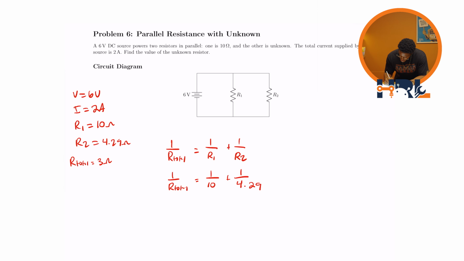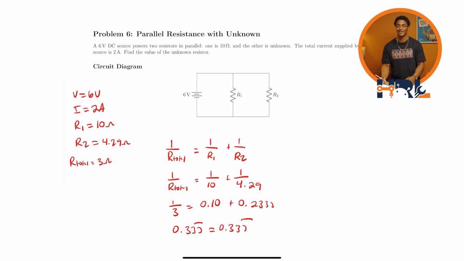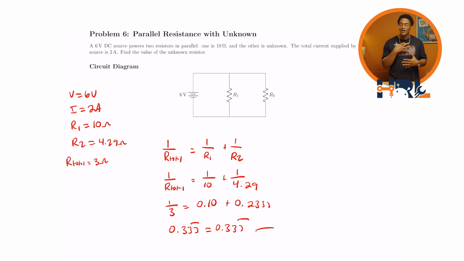So we have 1 over 3 is equal to 0.10 plus 0.2333. So 0.33 repeating is equal to 0.33 repeating. Great! Everything checks out. So we have officially and comfortably solved this mystery.